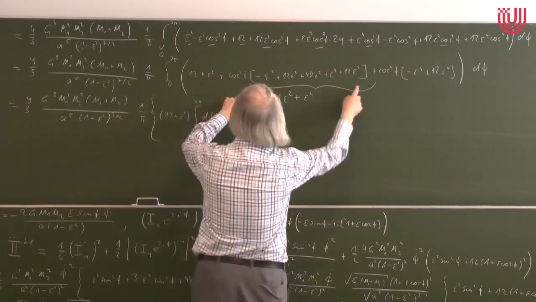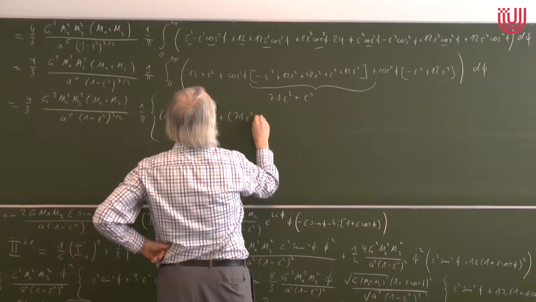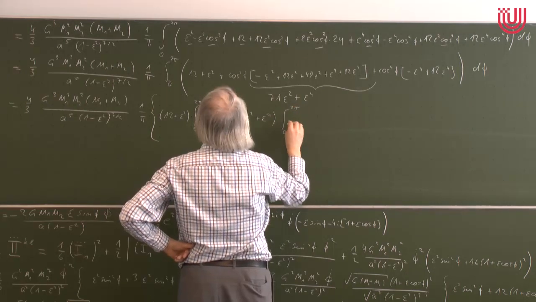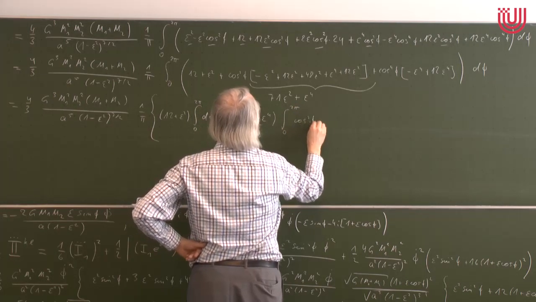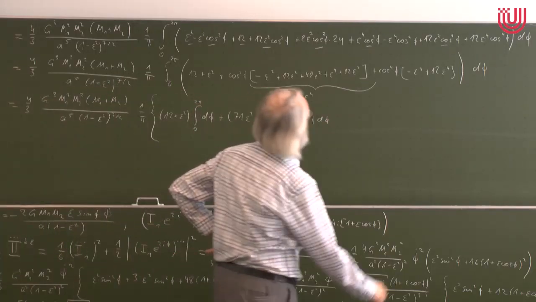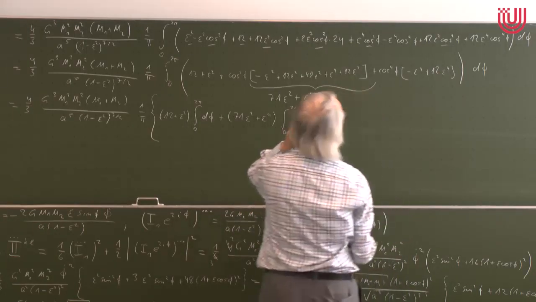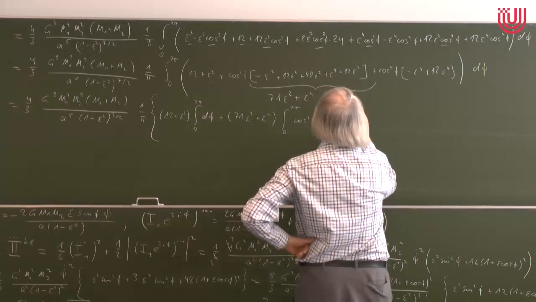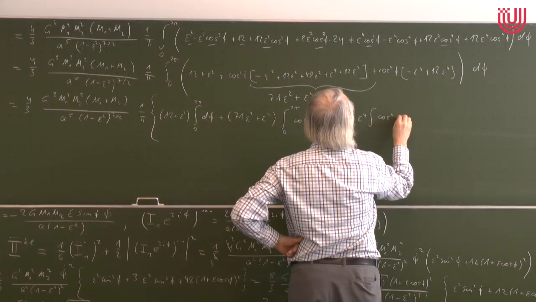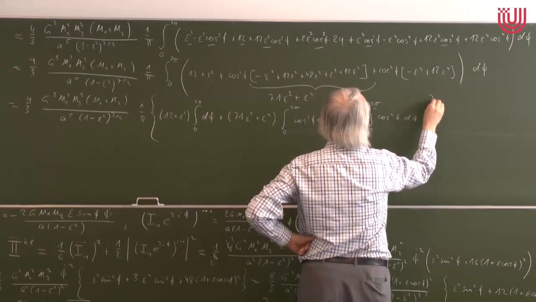Then this term here, plus 71 epsilon squared plus epsilon to the 4, integral 0 to pi cosine squared phi d phi. And the last one, plus, is that true? Yes, I think it is true. 11 epsilon to the 4, integral cosine 4 phi d phi 0 to pi.